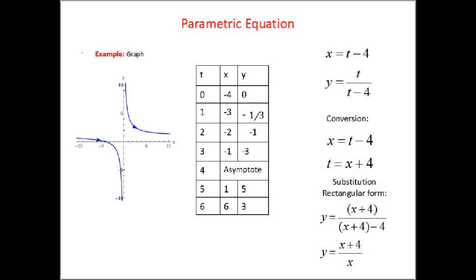So when t is equal to 0, x is equal to negative 4, and y is equal to 0. When t is equal to 1, x is negative 3, y is equal to negative 1 over 3, and so on. And the left-hand side shows the plotted graph, and a domain that states that t cannot be equal to 4.